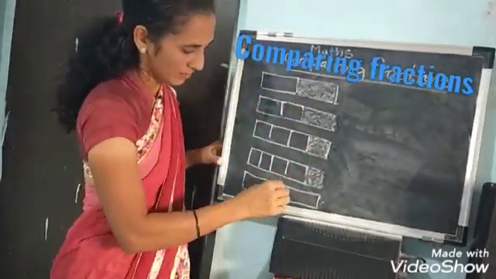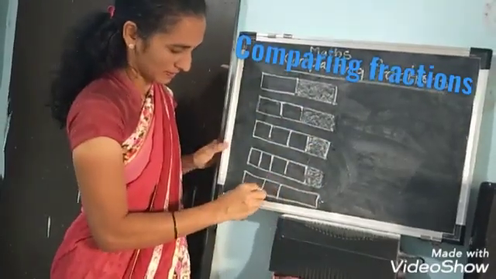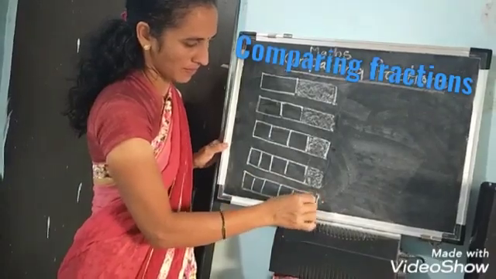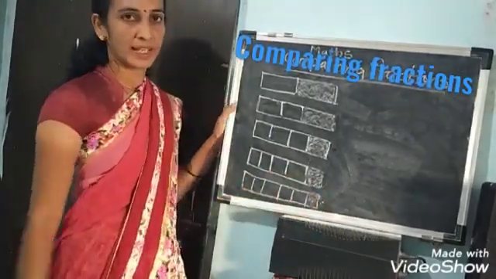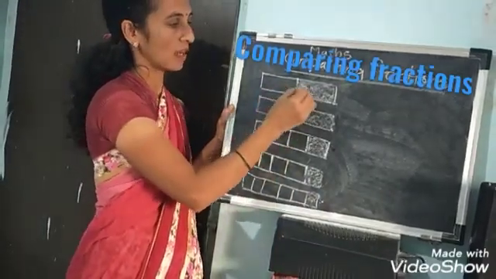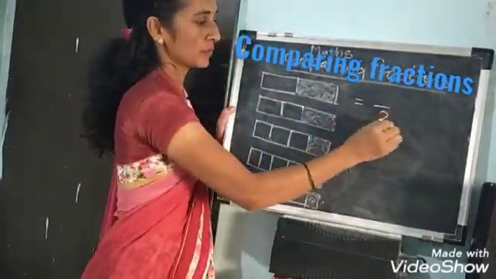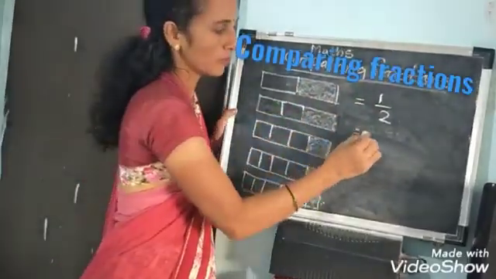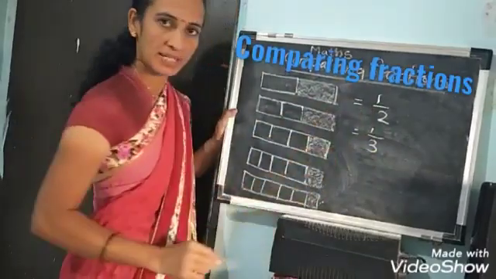Now here into 6 equal parts, and one part is shaded. Now write the fraction for this. Out of 2 equal parts, one part is shaded. Out of 3 equal parts, one part is shaded.